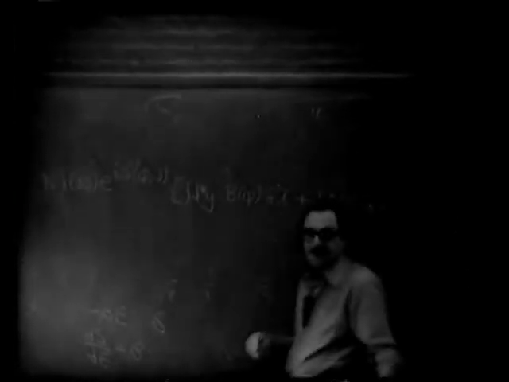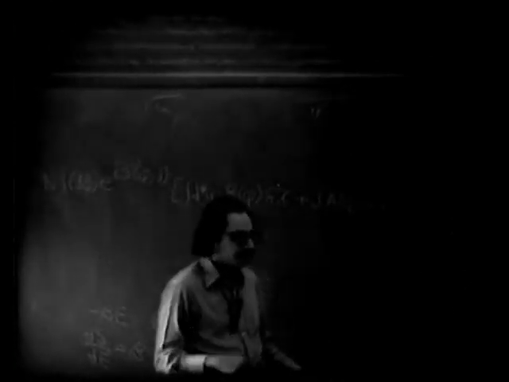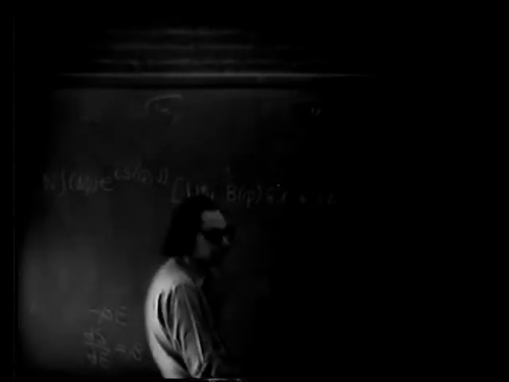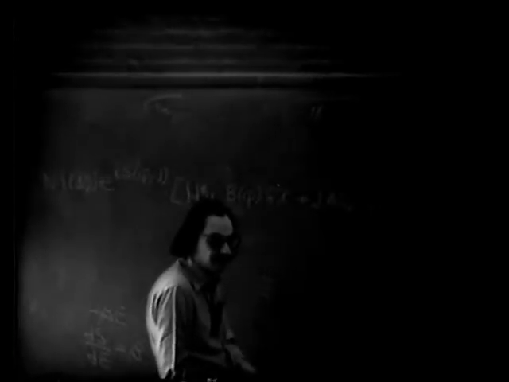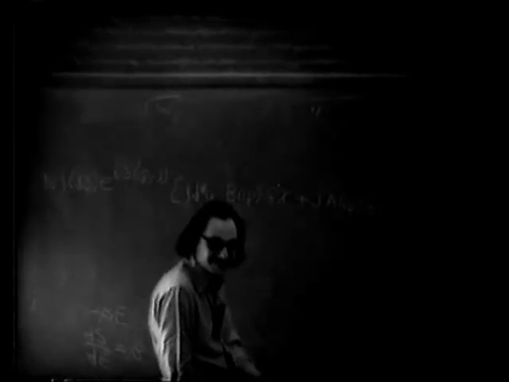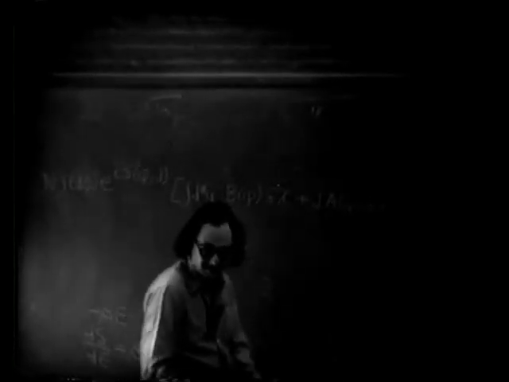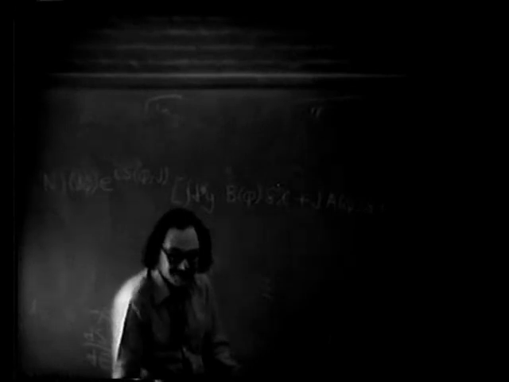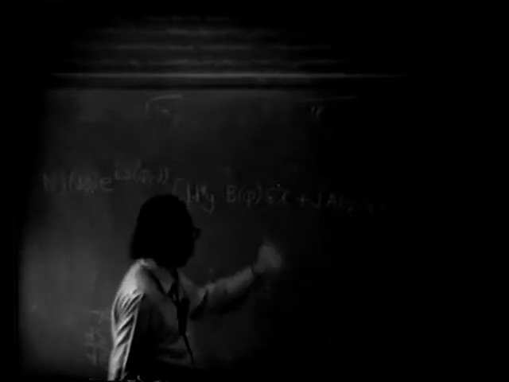Now we come to the key point. A and B are linear in phi. Therefore, when I have an integral like this, I can replace phi by its mean value, phi bar, in that expression. There'll be a multiplicative factor, but so what? It equals zero. I'll just take out the multiplicative factor.